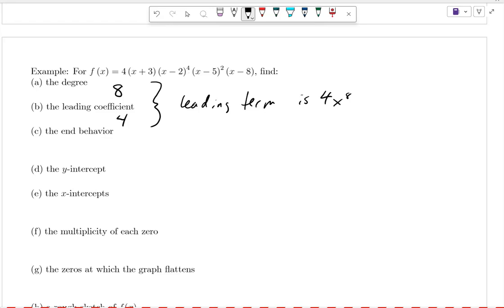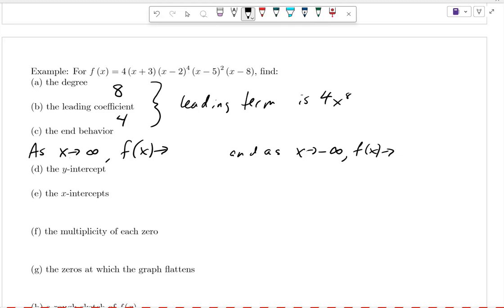Since the 4 is positive, which way is it? Up, right? Coefficient's positive, that degree is even. So that tells us that both are pointing up. So remember, we write our end behavior as x goes to infinity, f of x goes to something. And as x goes to negative infinity, f of x goes to something, right?